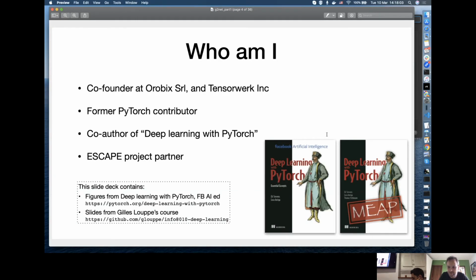So a couple of words on who I am. I'm currently working at Orobix, which is a company based in Italy, in Bergamo, that does engineering of systems with some broadly named AI inside. So we work mainly in healthcare and manufacturing. In healthcare, we do medical image segmentation, mostly analysis of clinical data.